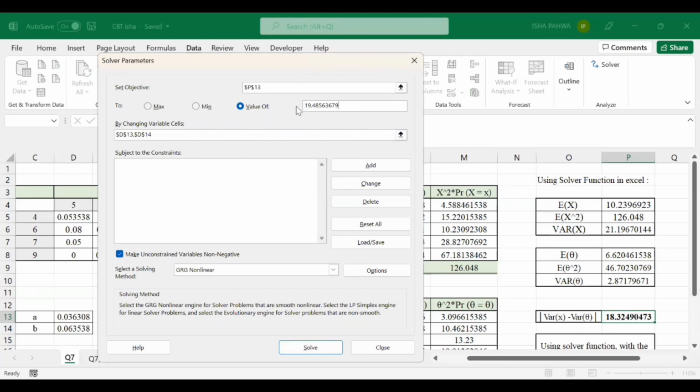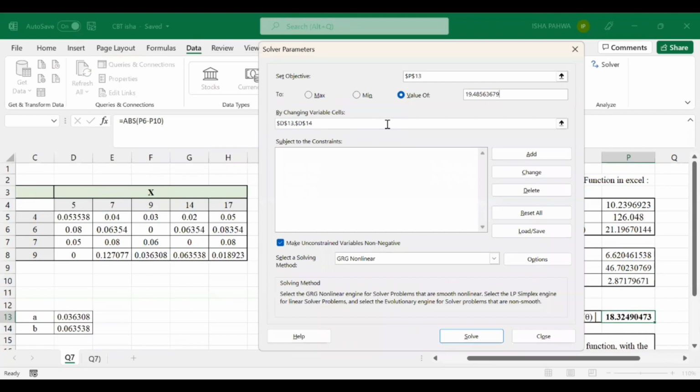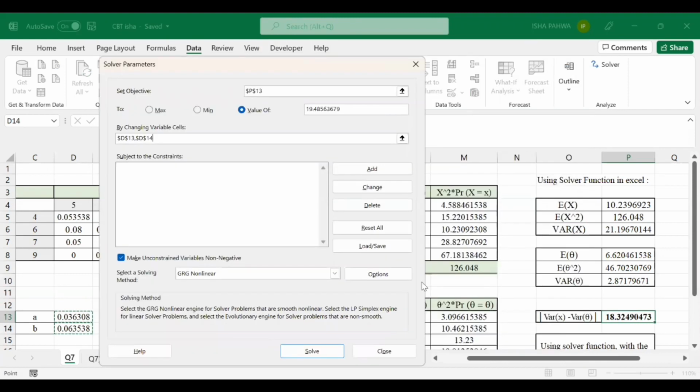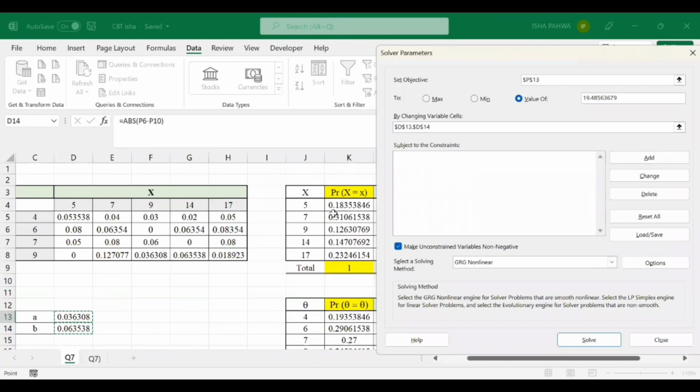Again, we need to change the variables in D13 and D14, which are the values of A and B. But here we need to add the constraints. The constraints would be the value we just set, which is 1 for the total probability.